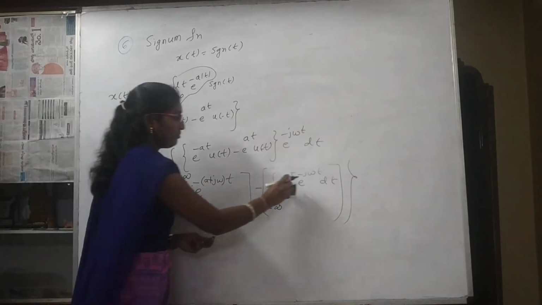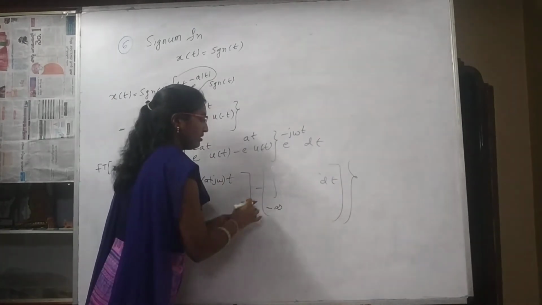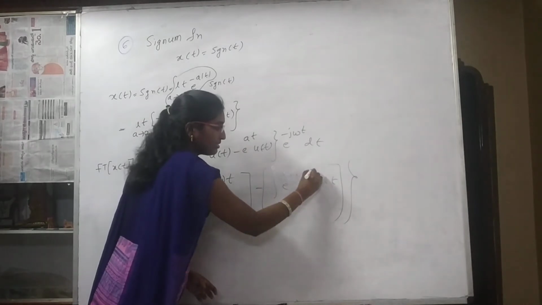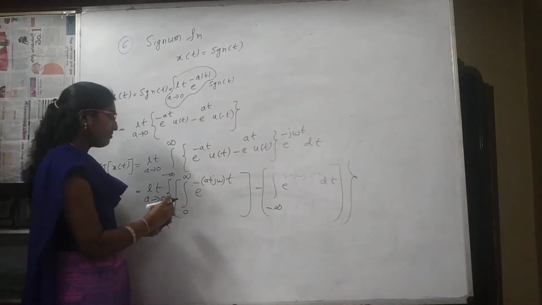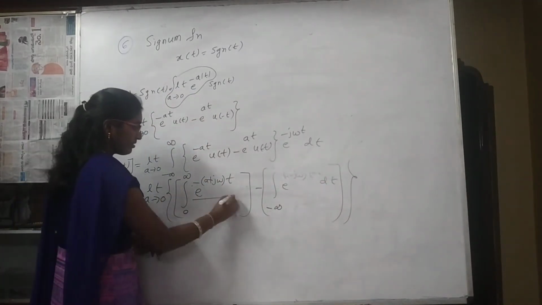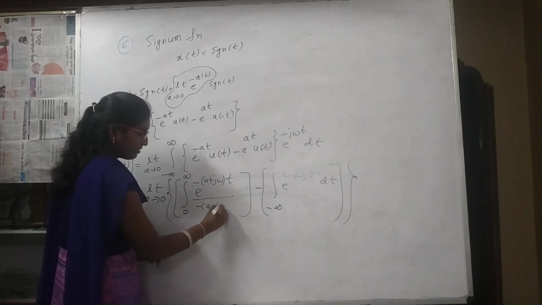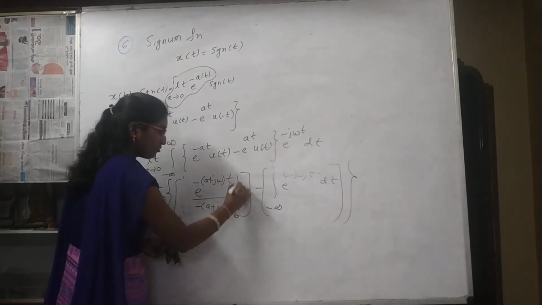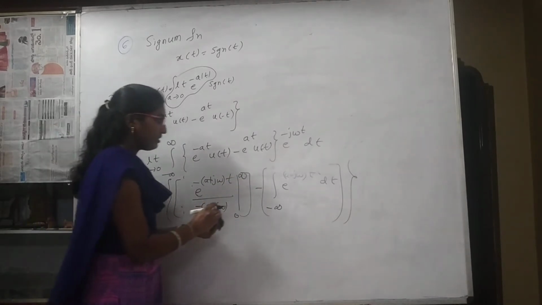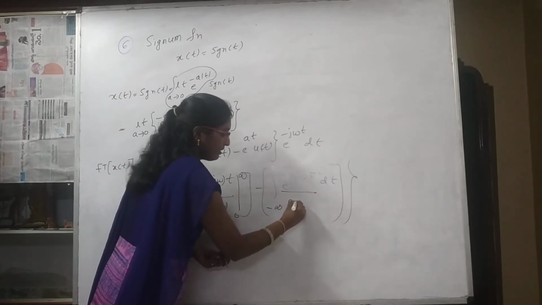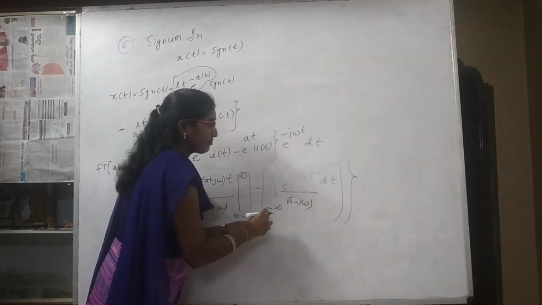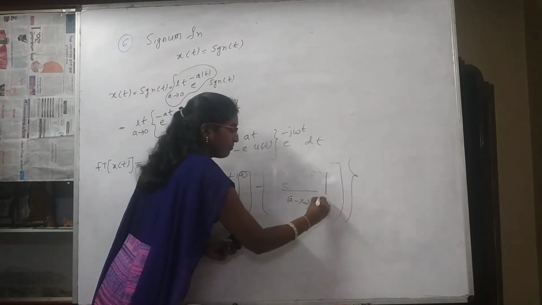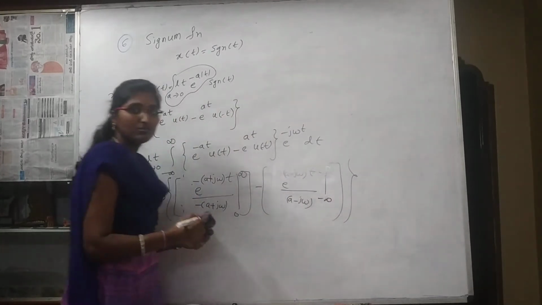And here also e power a minus j omega t is a simplification, and integration will be minus of a plus j omega, and apply the limits 0 to infinity. And here also that will be a minus j omega after integration, and apply the limits from minus infinity to 0.